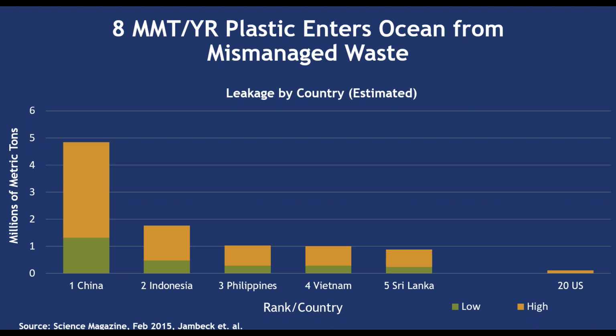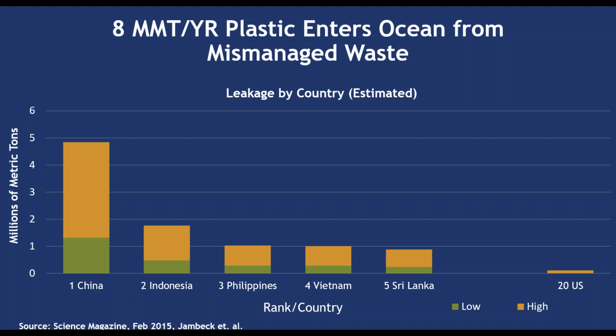When you look at where it's coming from, it was interesting that 5 rapidly developing economies in Southeast Asia, where the economy has developed, the people have more money, they're buying more consumable goods as they're moving out of poverty. However, the waste management infrastructure hasn't kept pace with that economic development.